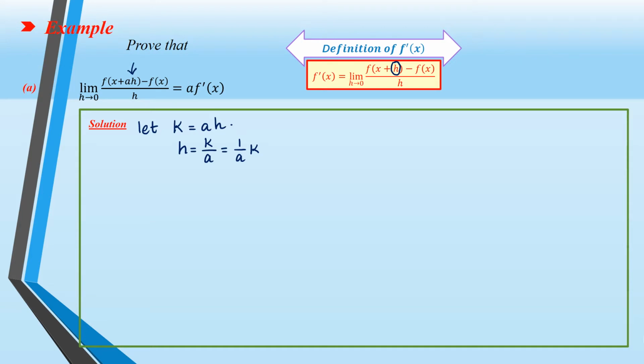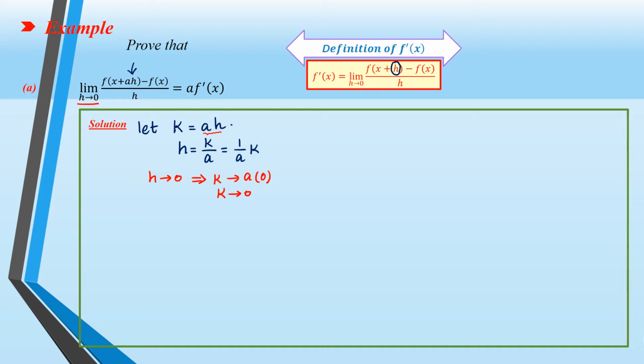Now since h goes to 0 in our limit, then k goes to a times h, which is a times 0. So k goes to 0 also.